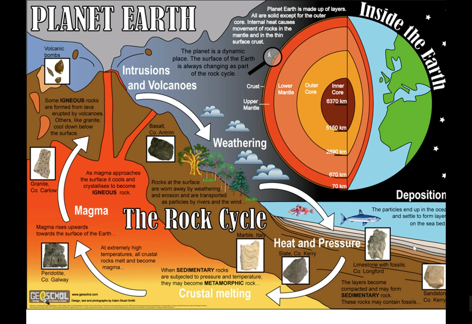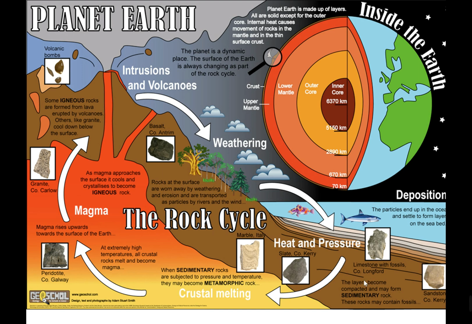So those sedimentary rocks have been formed by things that already exist, either ancient sea life or particles from other rock types. Now, we have igneous rocks, so granite and basalt, and we have our sedimentary rocks, limestone and sandstone.